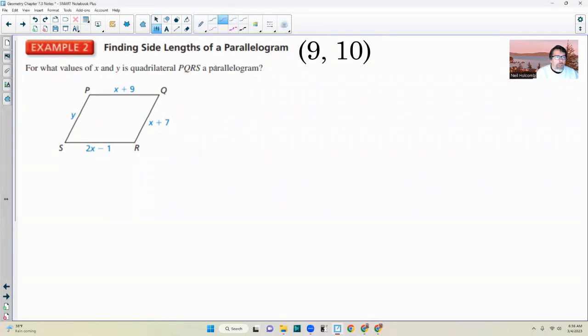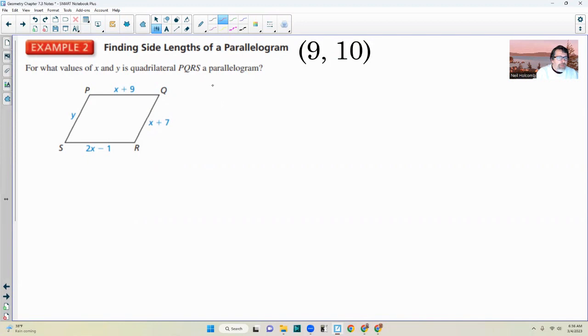Okay, example 2 says finding side lengths of a parallelogram. For what value of x and y is quadrilateral PQRS a parallelogram? So what we have to use here is, if this is a parallelogram, we want to make the side lengths congruent. The opposite sides have to be congruent if this is a parallelogram by that theorem.